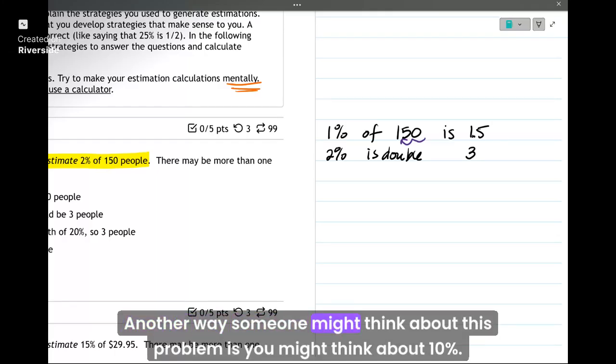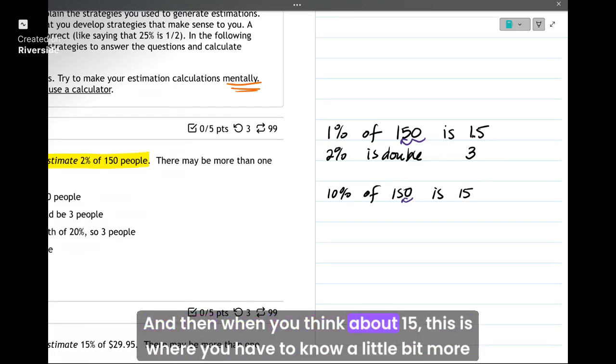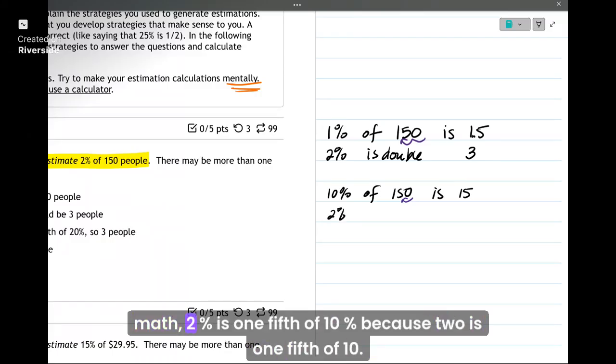Another way someone might think about this problem is you might think about 10%. So 10% of 150, the decimal will move 1 place, so that's 15. And then when you think about 15, this is where you have to know a little bit more math. 2% is 1/5 of 10% because 2 is 1/5 of 10.